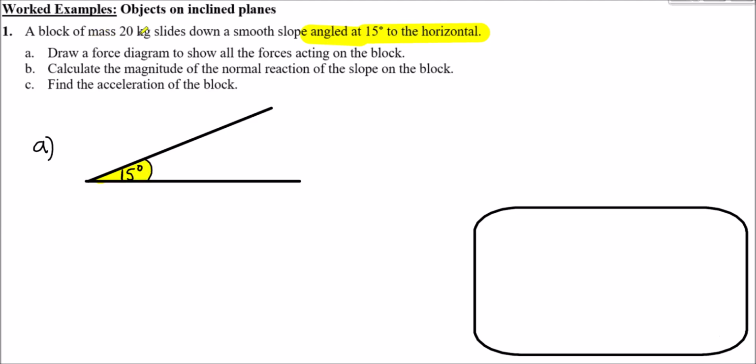It's a block of mass 20 kilograms. We can model this if you want to as a particle. That's what I'm going to choose to do. So obviously it will have a weight. So if its mass is 20, that means its weight will be 20g.